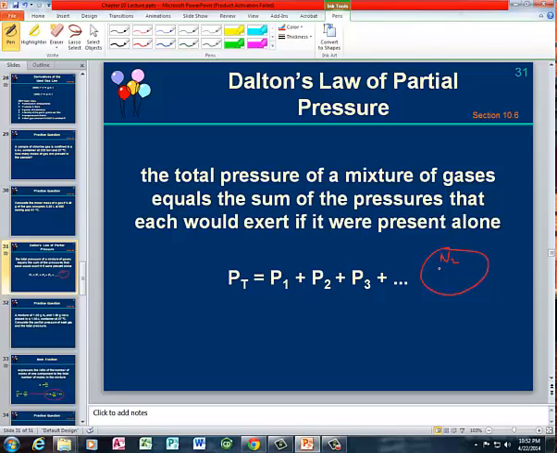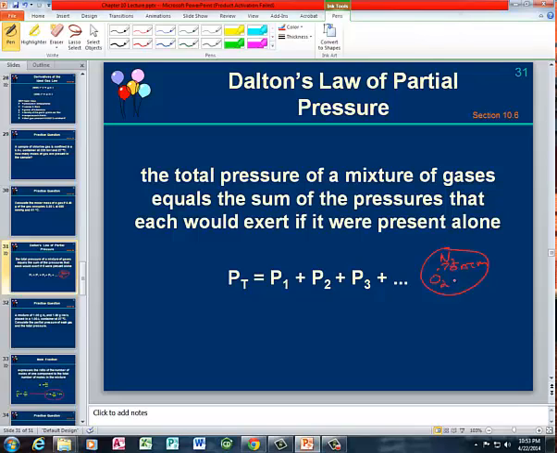And because nitrogen is 78% of the pressure of the atmosphere of air that exists at sea level, we can say that it's 0.78 atmospheres. For oxygen, let's just restrict our concentration of components in the air to just nitrogen and oxygen.